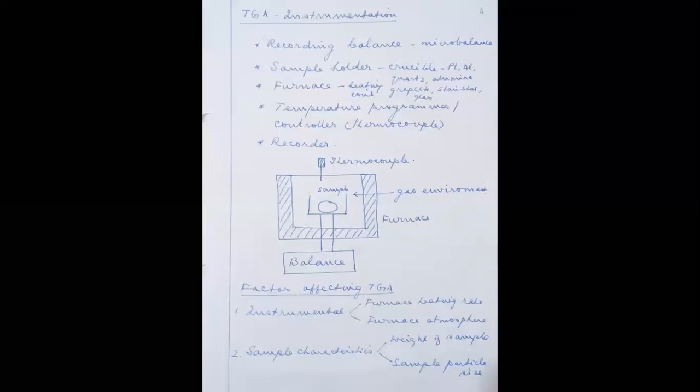Probably you are familiar with the usage of a crucible. In inorganic or gravimetric analysis, you might have used a silica crucible or sintered crucible. Normally, these crucibles are made of platinum, aluminium, quartz, alumina, graphite, stainless steel, glass, etc.